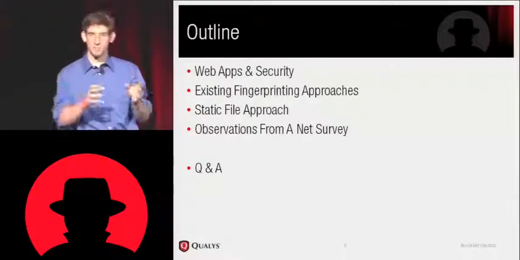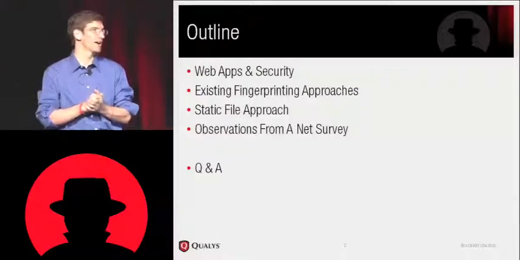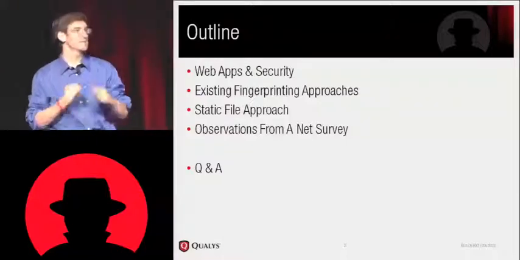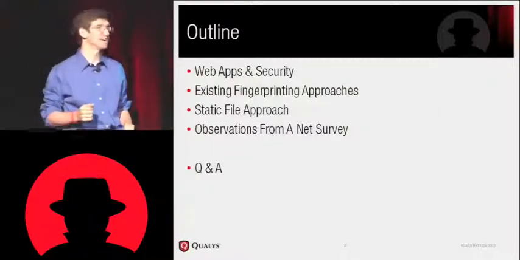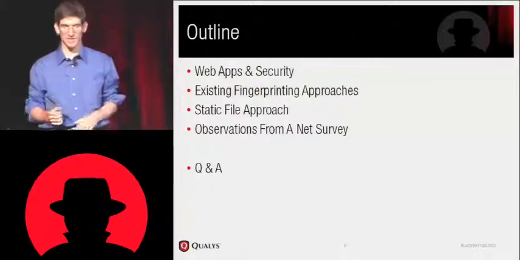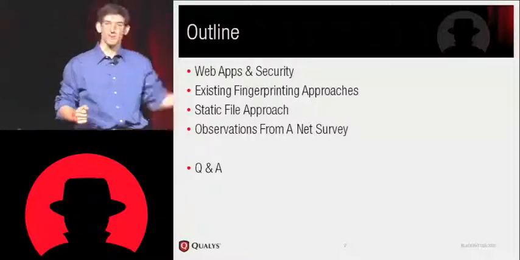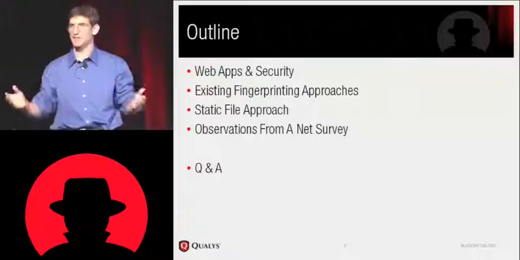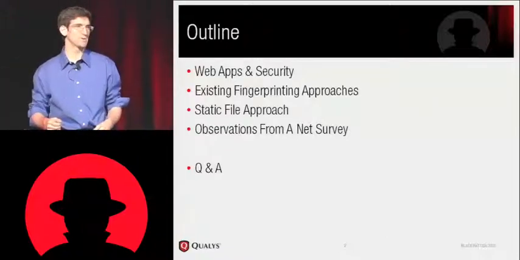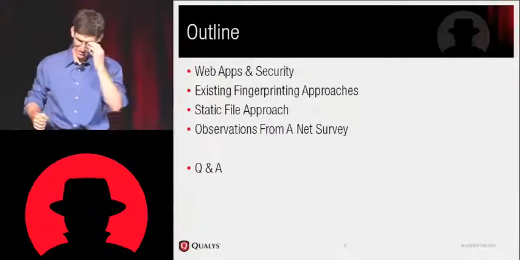Talk about some of the problems that we have with that, some of the reasons why that didn't serve some of our needs, and then the static file approach, take you through the details of how that's done, and then once we actually had a tool that does that, we said, all right, let's go out and use this tool. Let's make some observations of the entire net and draw some conclusions about how people are actually doing with web application security.